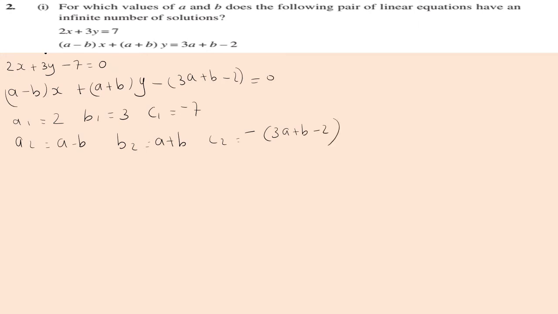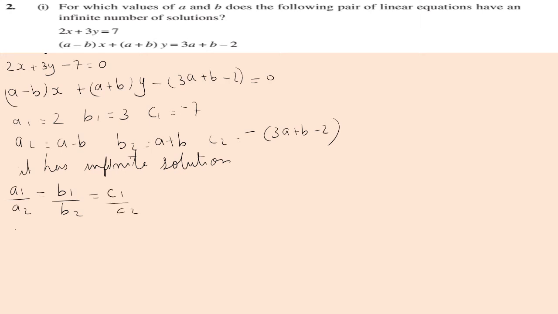Since it has infinite solutions, a1 upon a2 equal to b1 upon b2 equal to c1 upon c2, that is 2 upon a minus b equal to 3 upon a plus b equal to minus 7 upon minus of (3a plus b minus 2).